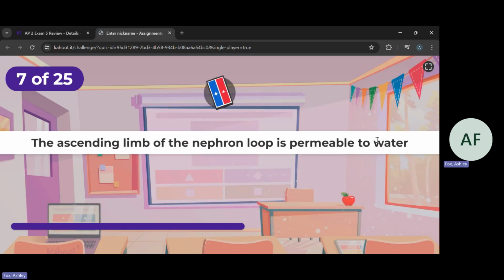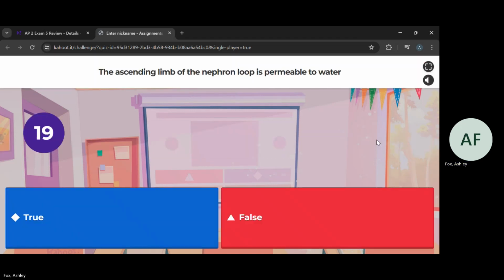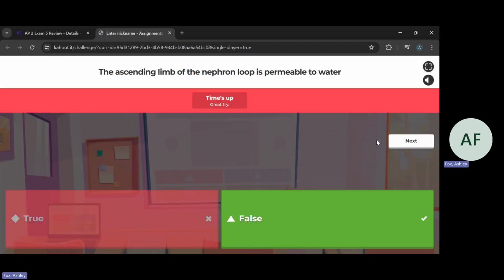True or false, the ascending limb of the nephron loop is permeable to water. Remember, that's false.